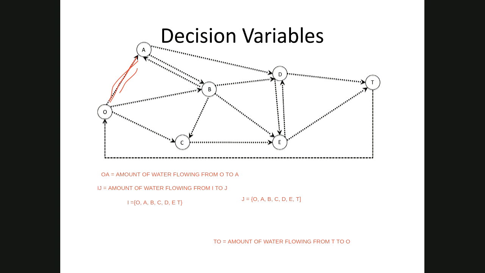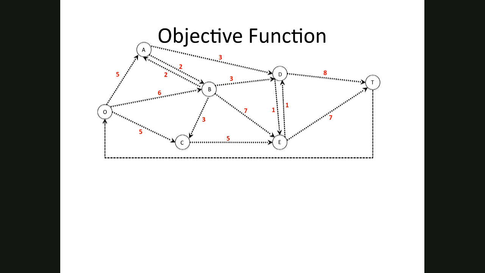All right, now let's look at the objective function. And this is the one that's going to be a little bit tricky, because, hopefully by its name, it's the maximum flow problem.